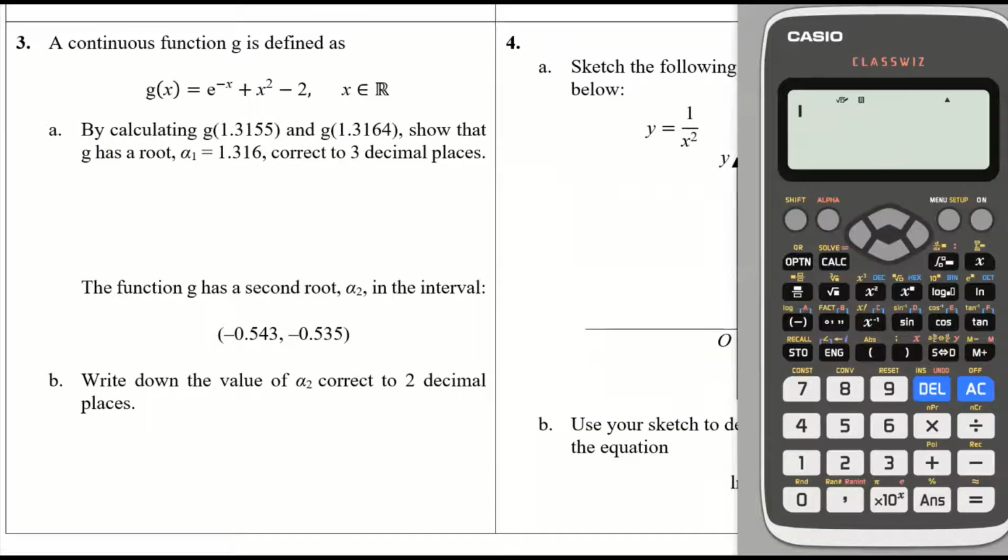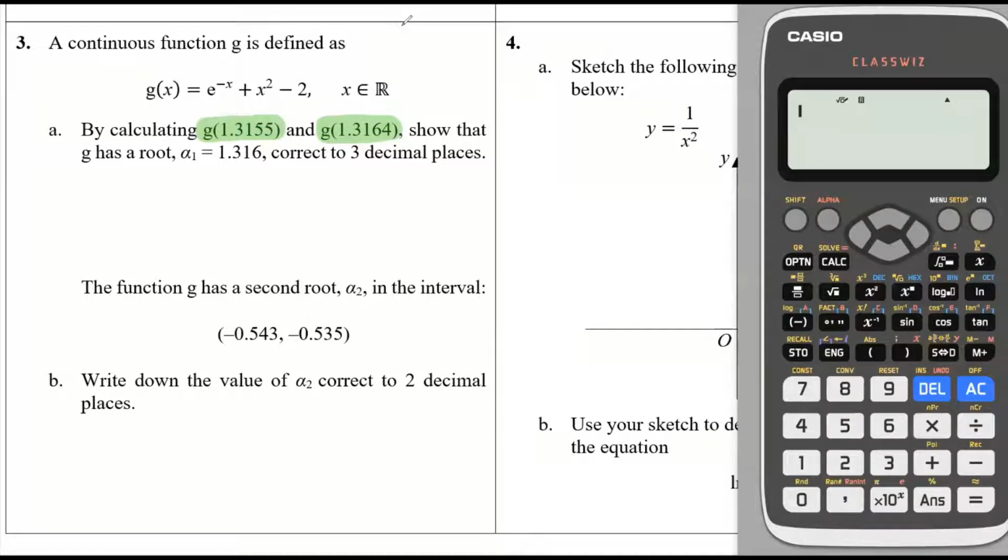Well, it says by calculating g of 1.3155, so we'll do that first. So let's see what happens when we do actually calculate this. There must be a clue in doing that. And we also have to calculate g of 1.3164.